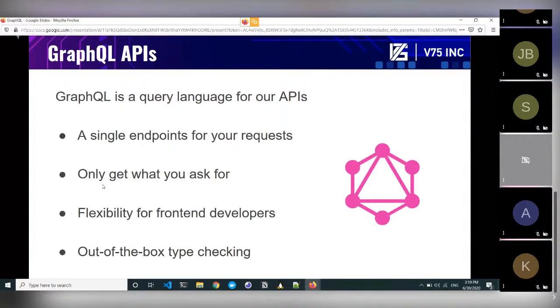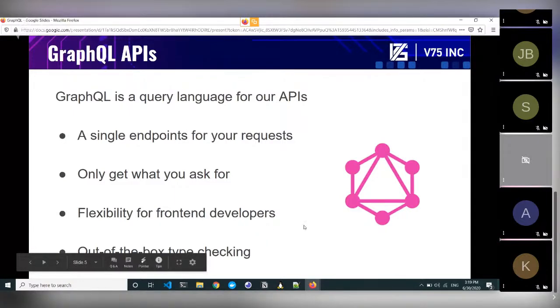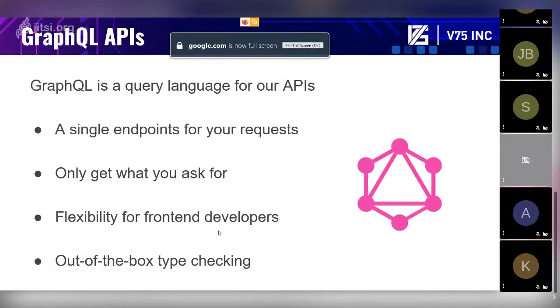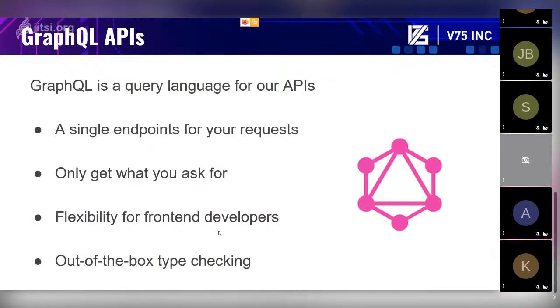This means that we have much more flexibility for front-end developers. They already know what data they will get back, so they can easily modify the shape of the user interface to match the data. One of the main things about GraphQL is the out-of-the-box type checking, which will enable us to create enterprise-ready and production-grade GraphQL websites.